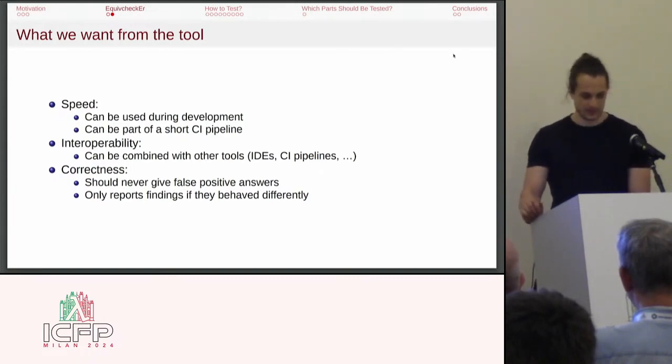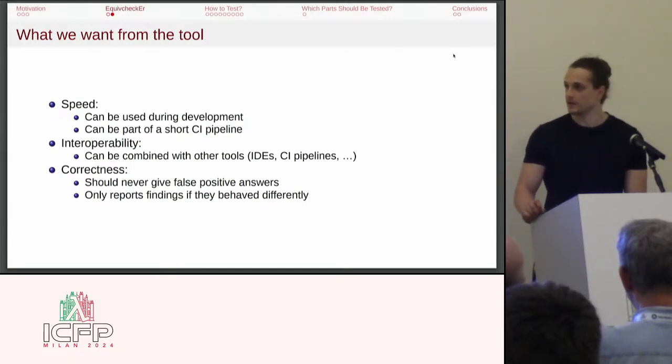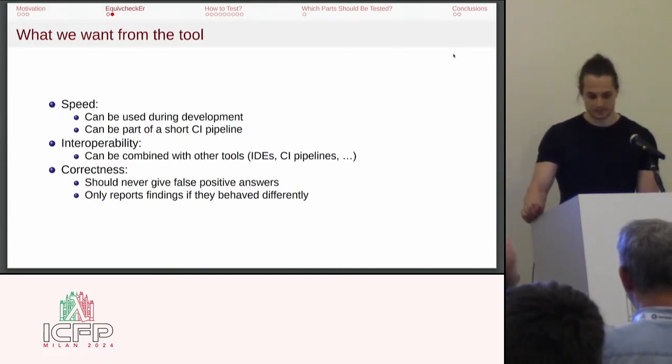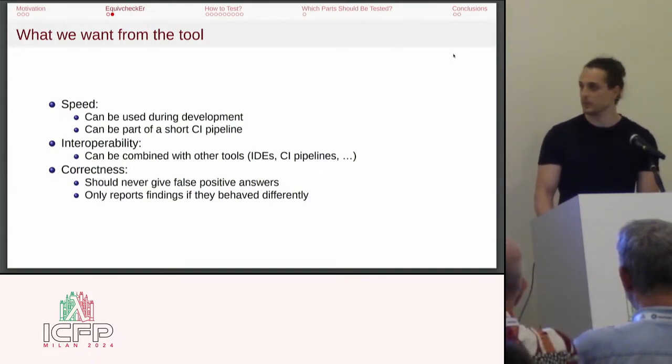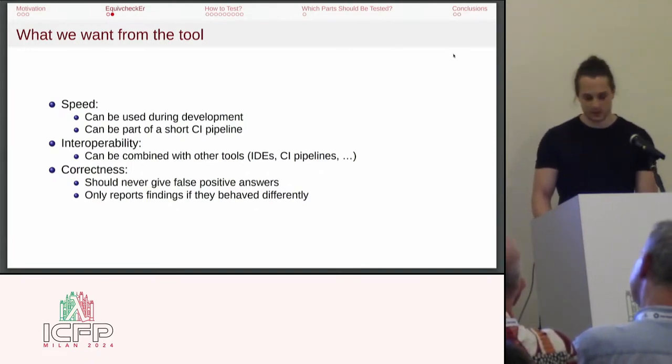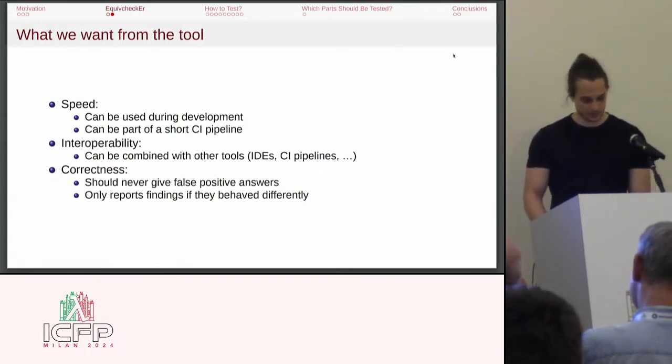It would also be nice if the tool was easy to combine with other kind of tools like IDEs or CI pipelines. So the programmer themselves doesn't have to learn some completely new process just to be able to be more confident in their refactorings. They can just integrate it into their own workflows.